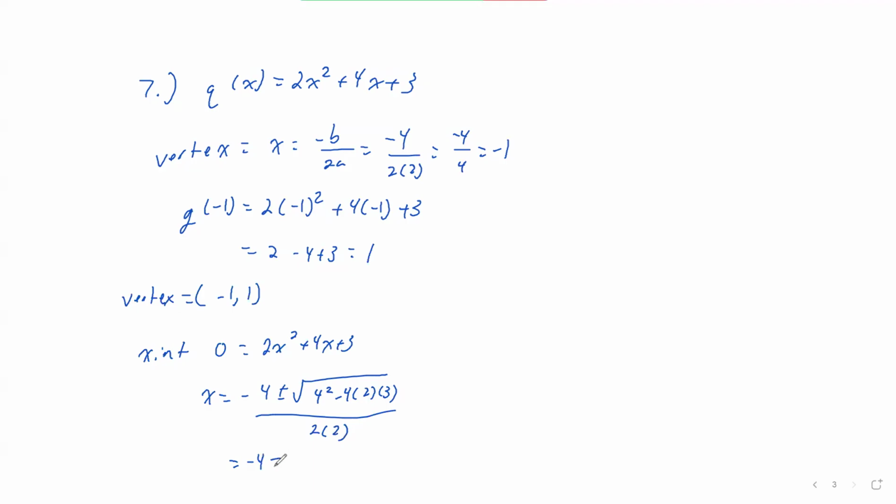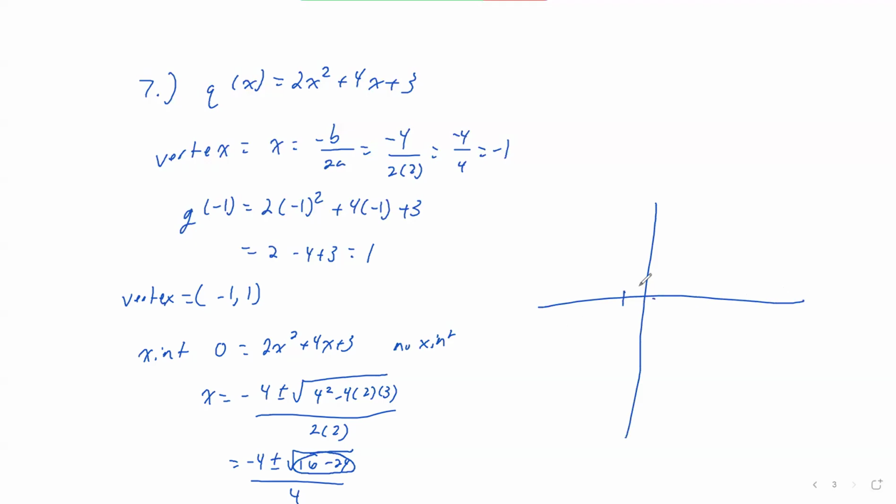So I get negative 4 plus or minus the square root of 16 minus 24, over 4. The moment I realize that this is going to be a negative number, I can say no x-intercepts, because 16 minus 24 would give me negative 8. I could have stopped there the moment I saw it. So no x-intercepts.